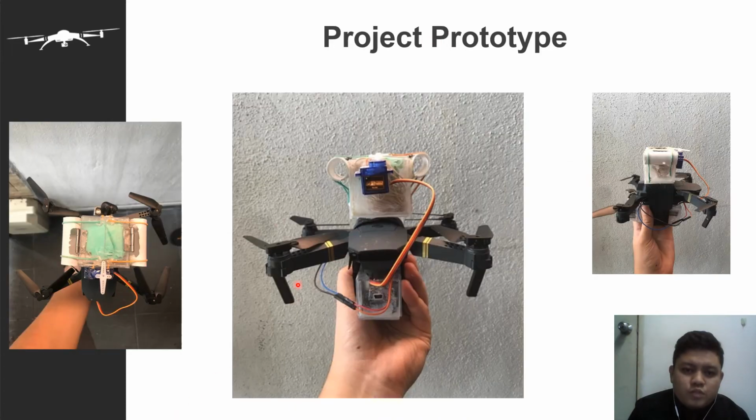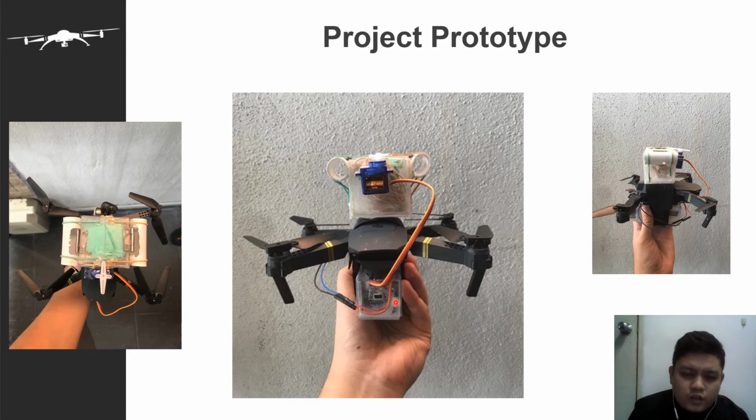So for the project prototype, this picture shows the fully compiled 3 components. First, the parachute casing. Inside the parachute casing we have the parachute and then the drone. The bottom one is the circuit casing.